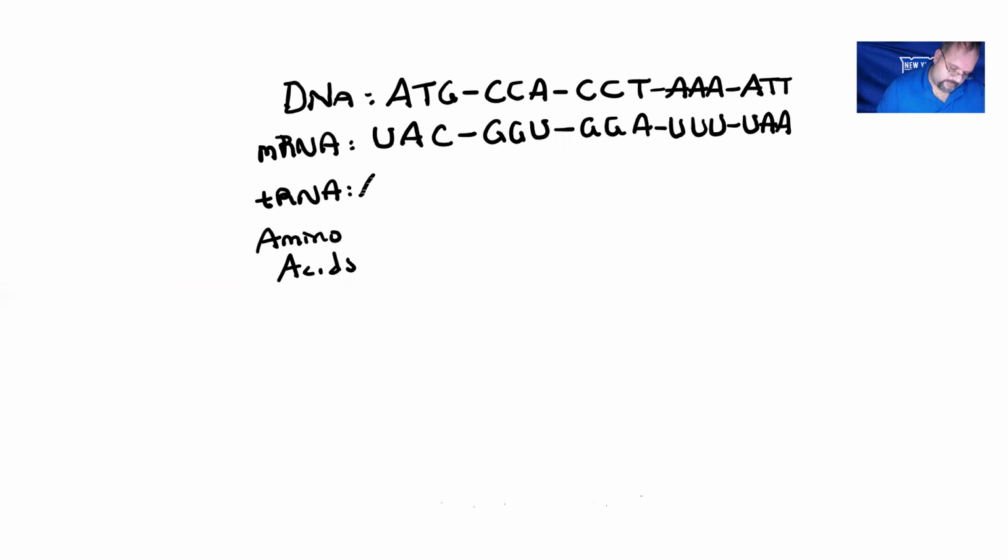So uracil would give us adenine, adenine would give us uracil, cytosine would give us guanine. Guanine would give us cytosine, uracil would give us adenine. Remember, messenger RNA and transfer RNA are complements of each other. 2 guanines would give us 2 more cytosines. The adenine would give us uracil. The 3 uracils are going to give us 3 adenines. And then finally, the UAA will give us AUU.